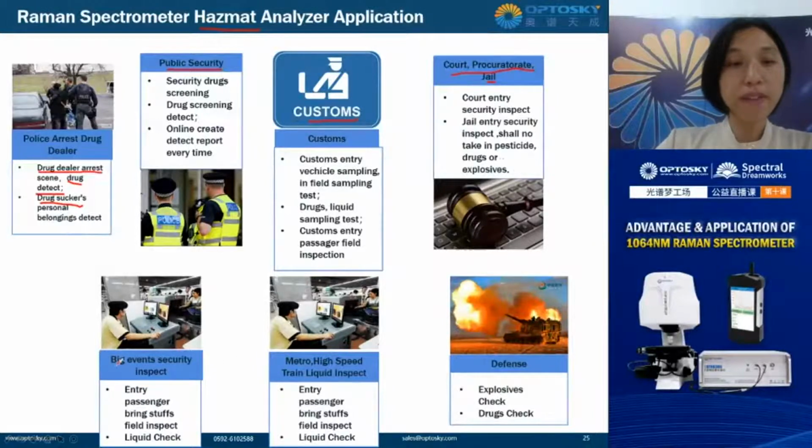And we also have big event security inspection, and metro and high-speed train liquid inspection, and we also use it for explosive checks and drug checks.